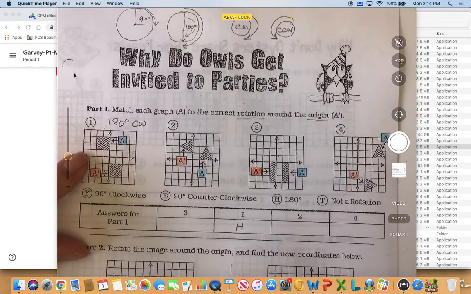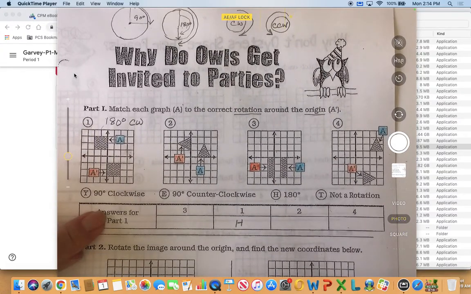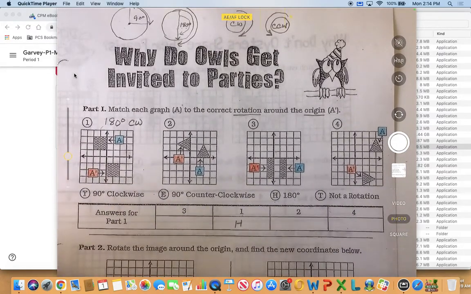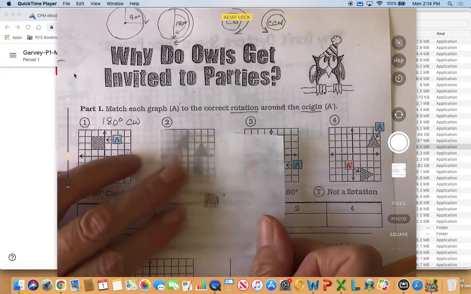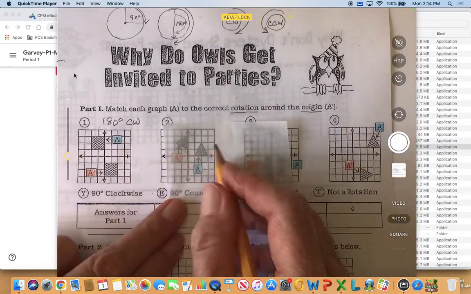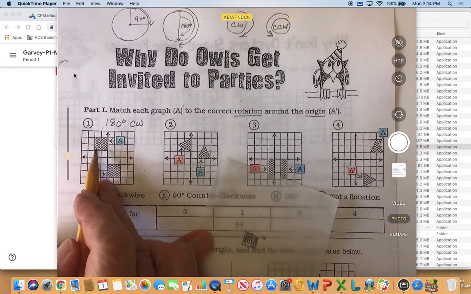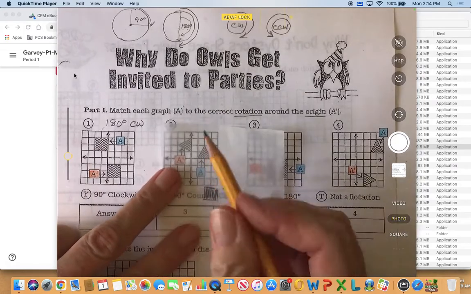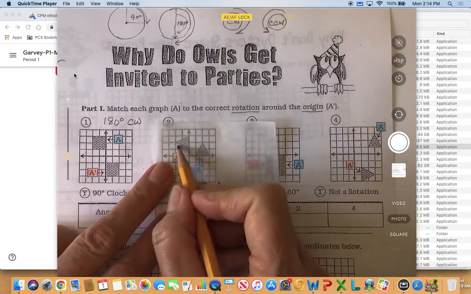Okay, so let's see what's something that might be a little trickier. Triangles can be a little tricky, because it's easy to tell with a square where it's going.